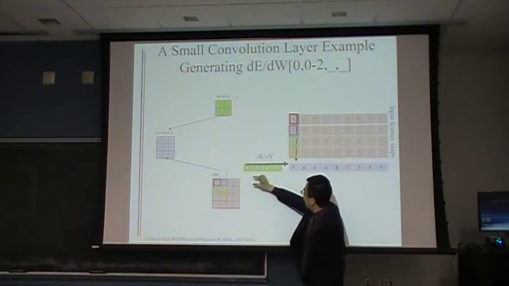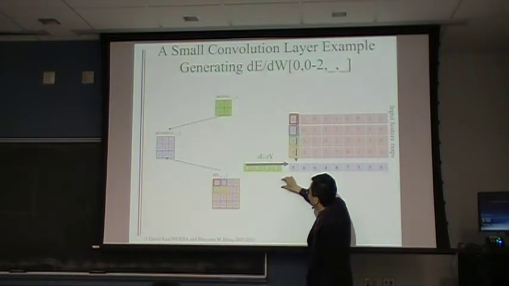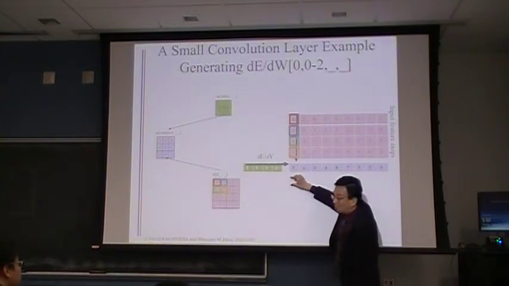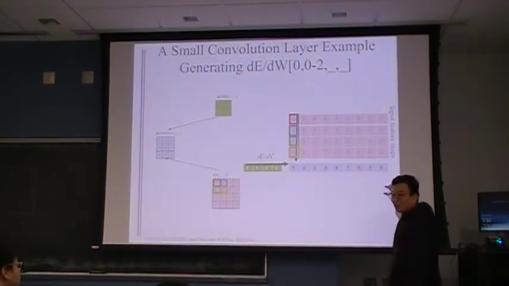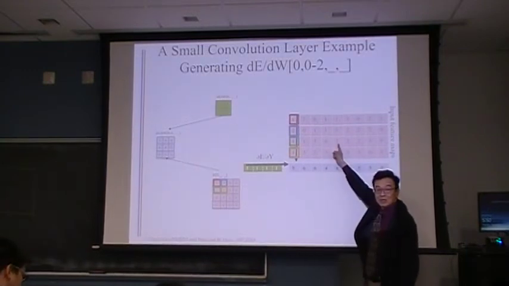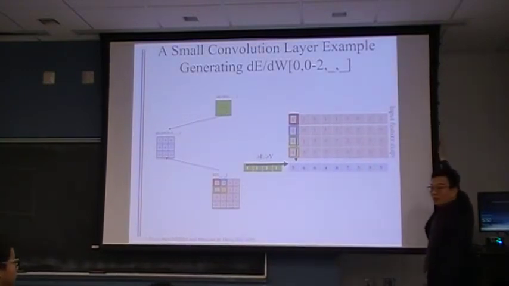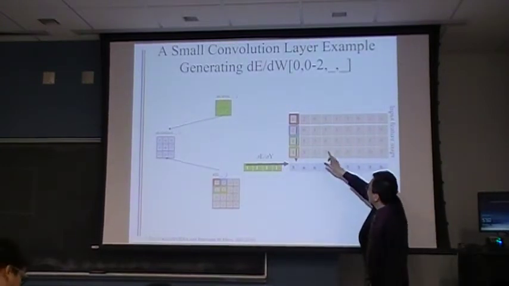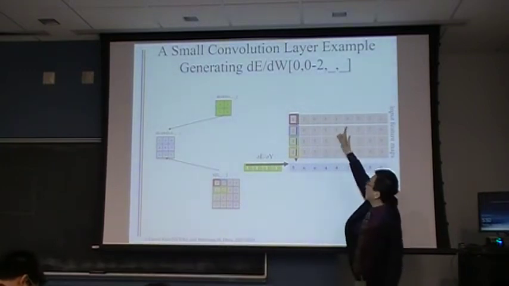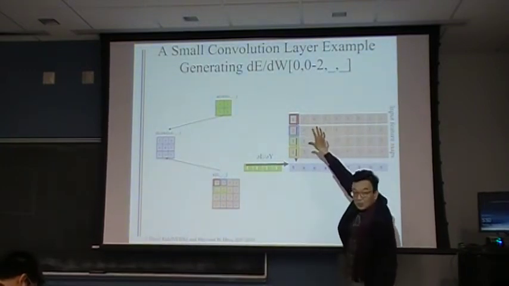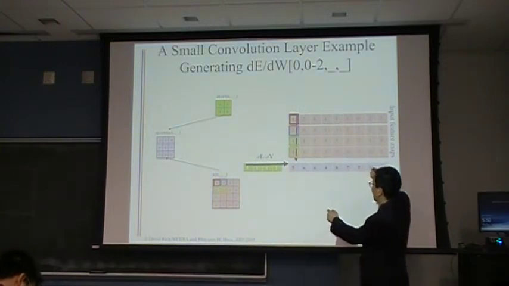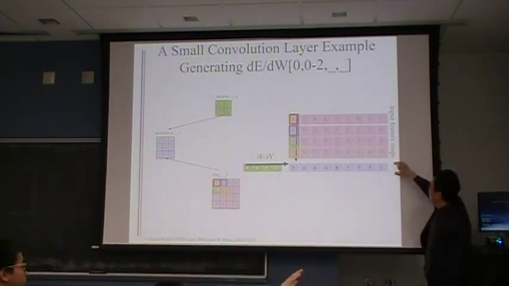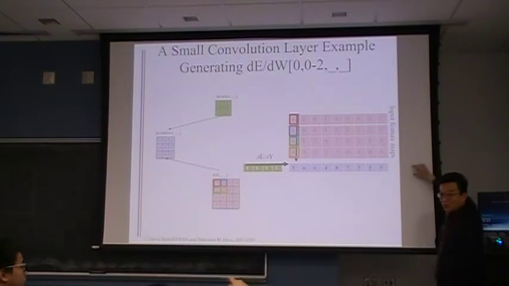But if we add another delta Y for another feature map here, then we will be generating another filter based on the same input. If we attach more inputs in this direction, then we'll be generating even more filters.